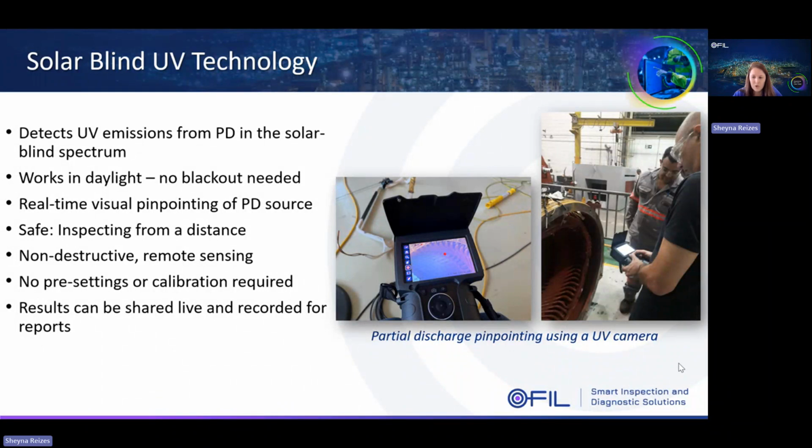Unlike traditional methods, they give you a real-time visual image of where the PD is occurring from a safe distance. It's a non-contact, non-destructive tool that's intuitive and field-ready, with results that can be saved or even shared on the spot.